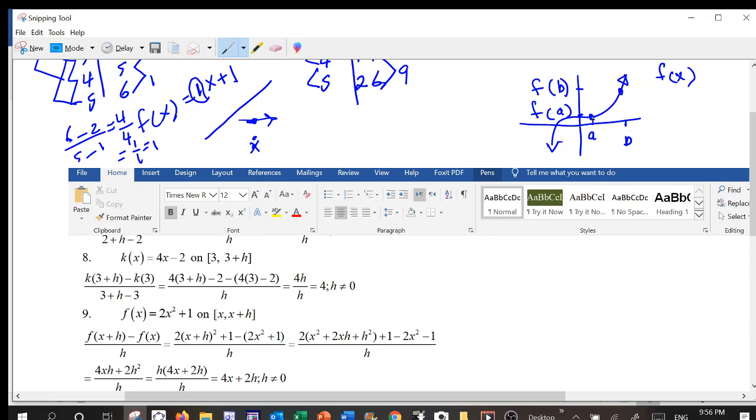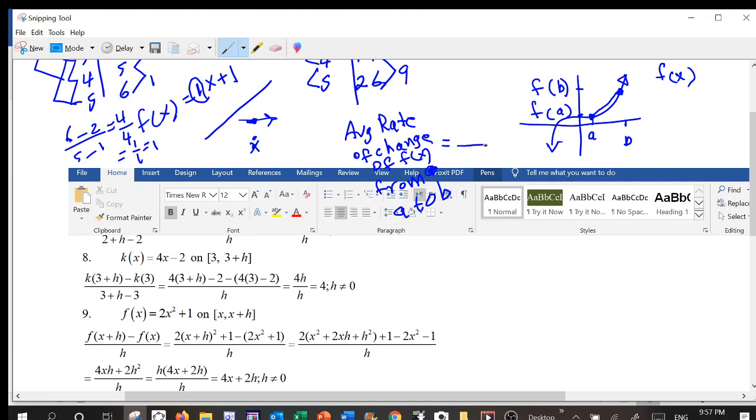And I find the slope of this line, this segment that connects these 2 points, and that slope is the average rate of change of f of x from a to b.